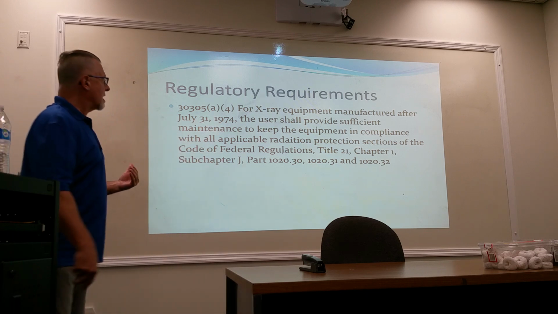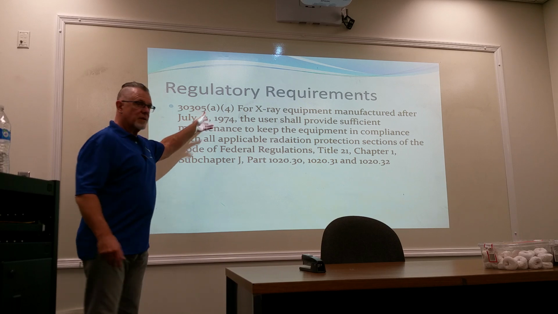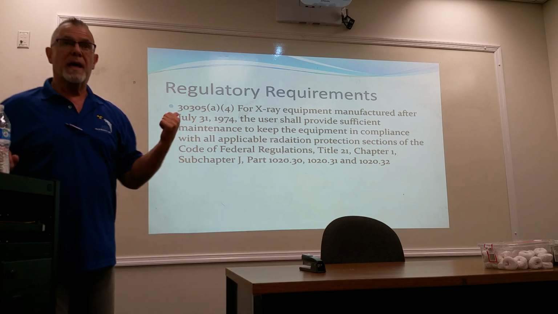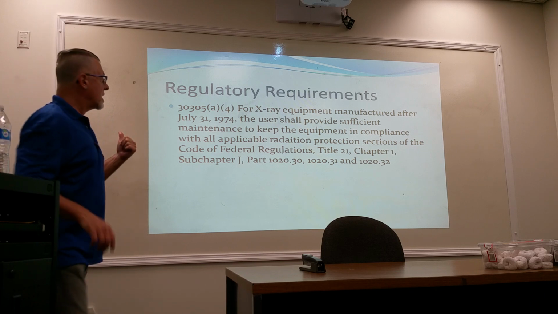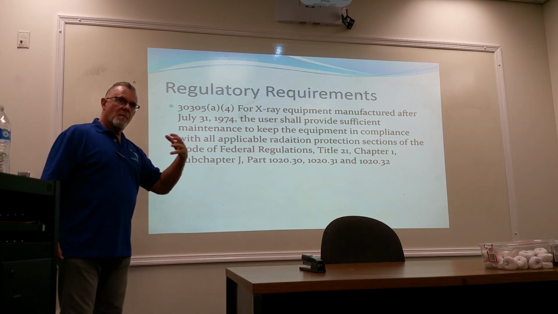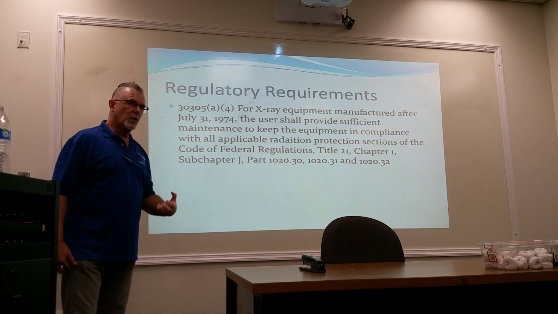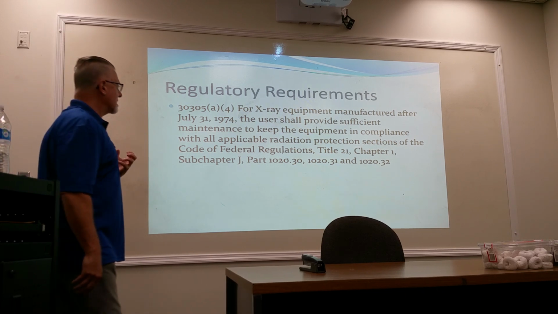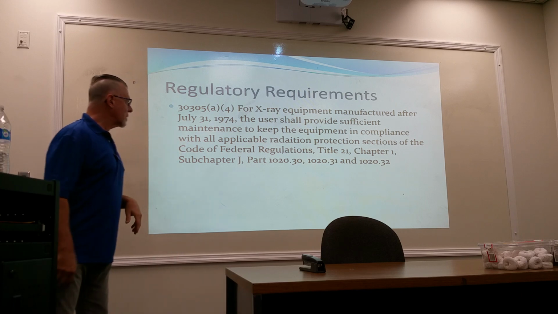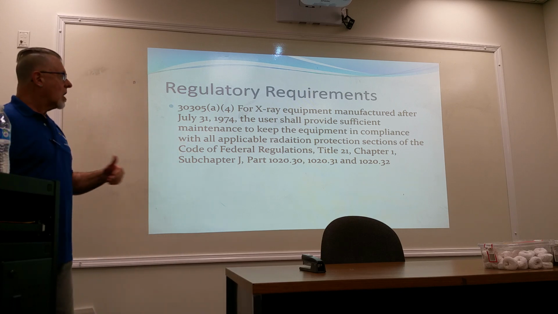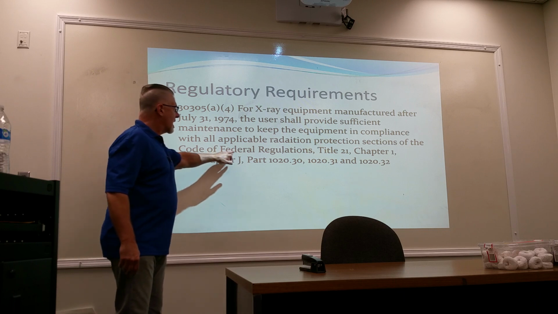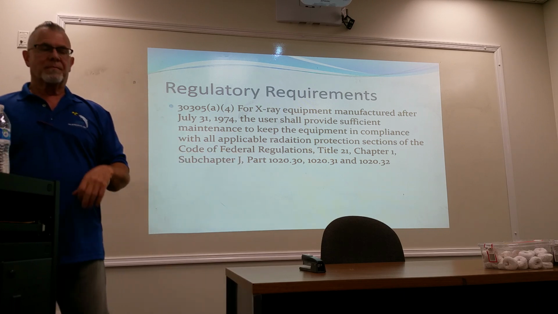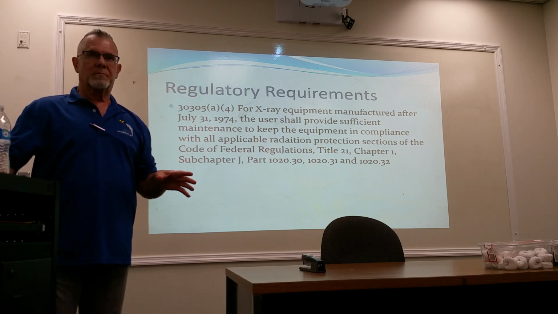So any piece of X-ray equipment manufactured after this date, which means whether it was in 1975 or manufactured last year, it still applies. The person who registers that equipment, basically the owner, has a legal responsibility to maintain the equipment in compliance with all the sections of Title 21, Chapter 1, as stated here, even if it's changed.